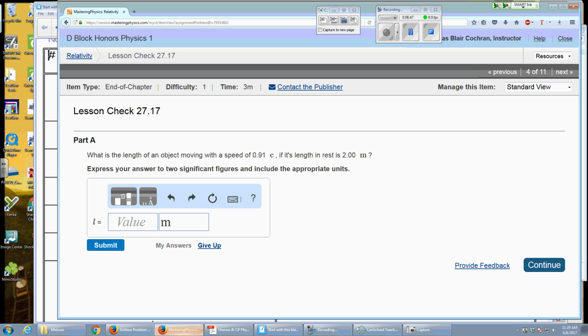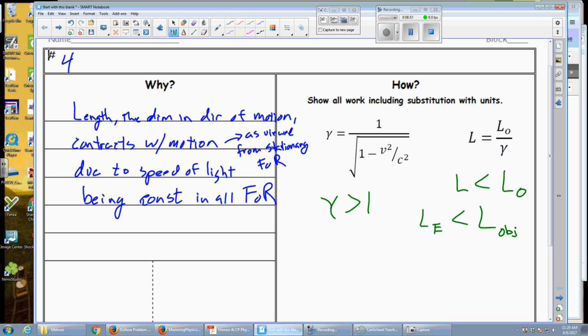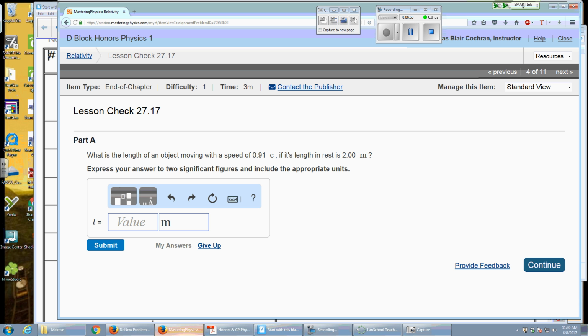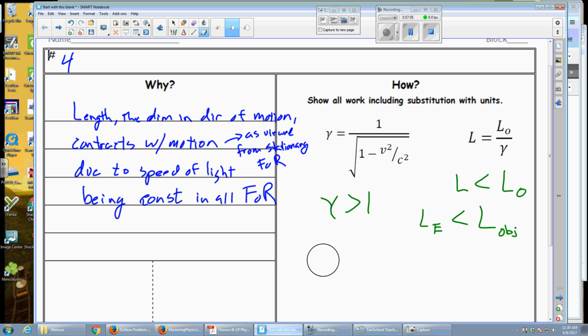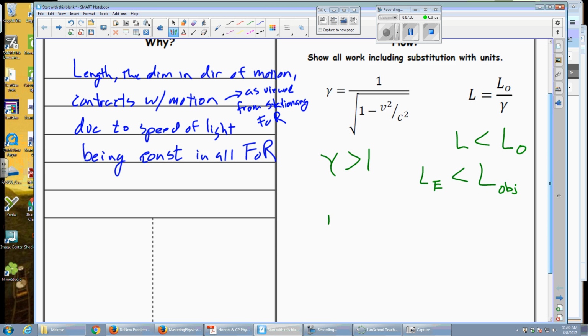So now I can just substitute in. From the Earth, it's 0.91 meters, right? No, sorry, that's the speed. I don't know what I measure from the Earth.